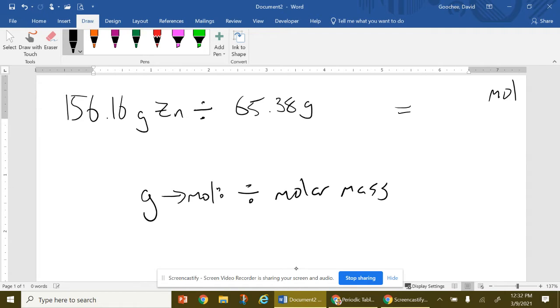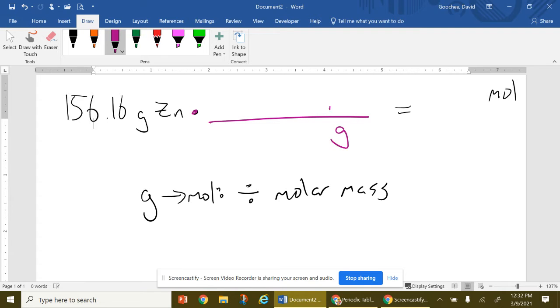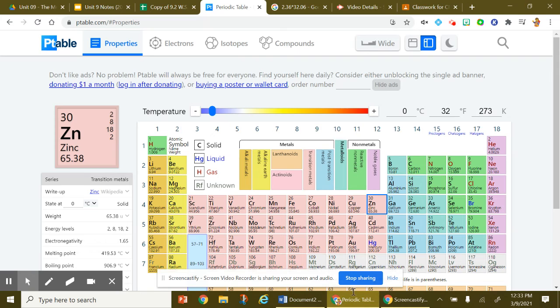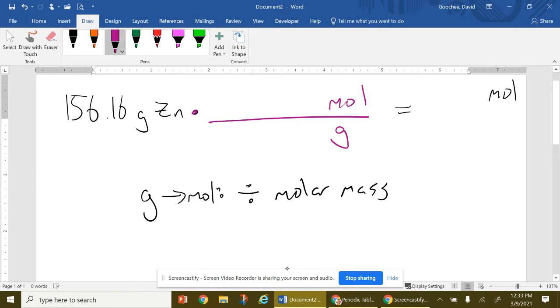65.38 grams per mole. Now, guys, again, this is a little shortcut here. You're dividing the mass by the molar mass, and that gets you the moles. This is the exact same thing as doing your dimensional analysis, where you say, okay, I have to get rid of grams on the bottom and get moles on top, and zinc is 65.38 grams for every 1 mole.